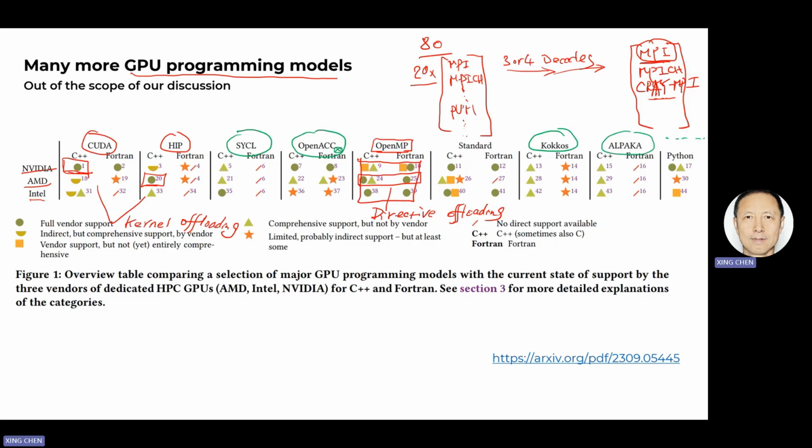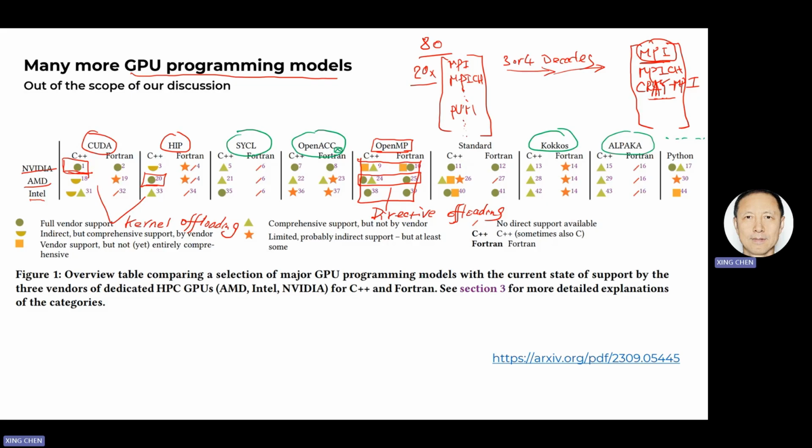They try to promote their standards: CUDA, HIP, SYCL, OpenACC, OpenMP, Kokkos, Alpaka, and a lot of others. All these products, all these standards, all these methods are trying to be the mainstream one. They are trying to be the final winner because the market is here.